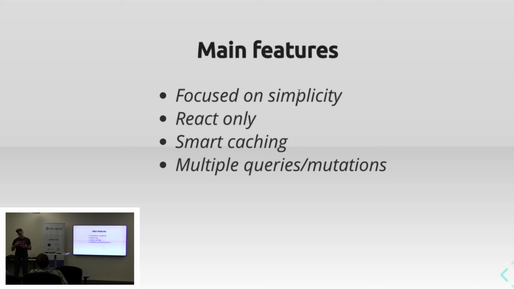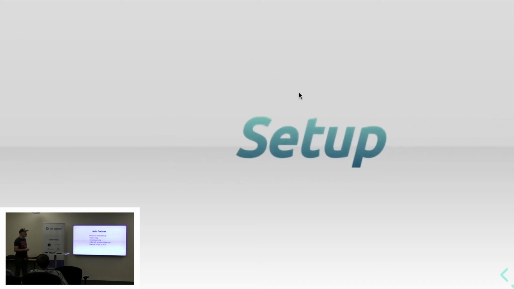So we will have all of the queries and mutations. There are no subscriptions at this point, but all of these will be in a component that is called connect. They are not advocating for one approach or the other. You can use any of the two. You can use either render props or higher order components. These two approaches are fine.